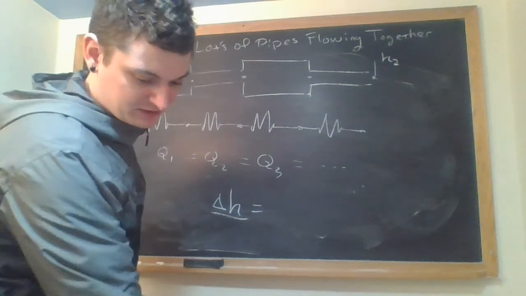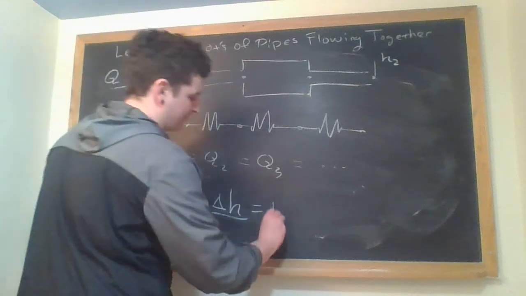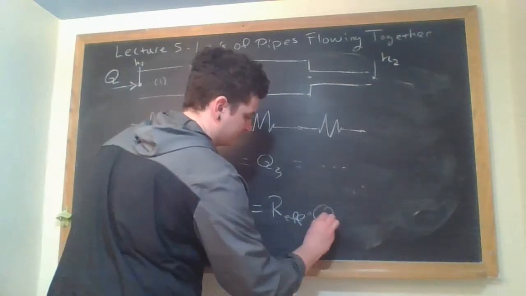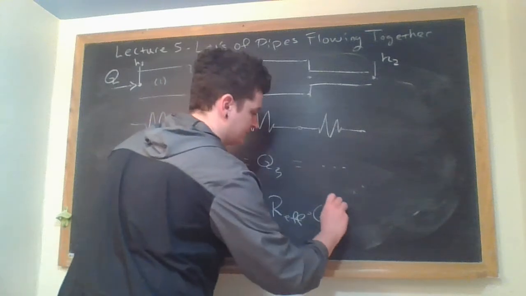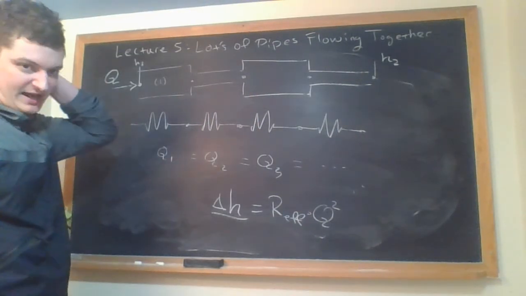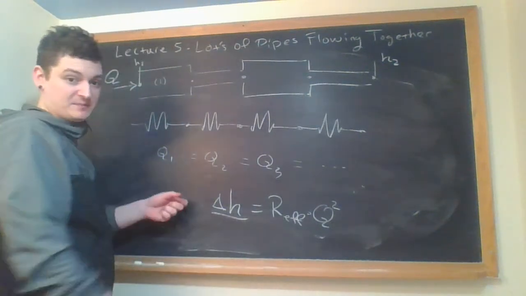When you work this out, you can see that this is really an R effective times flow rate squared.